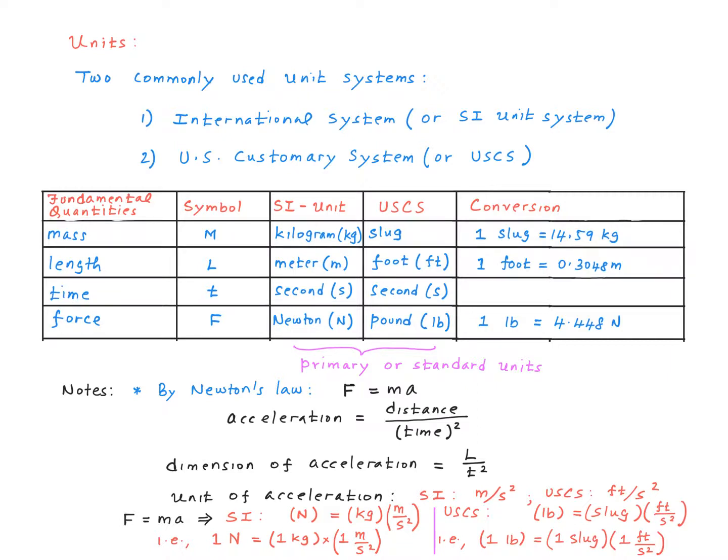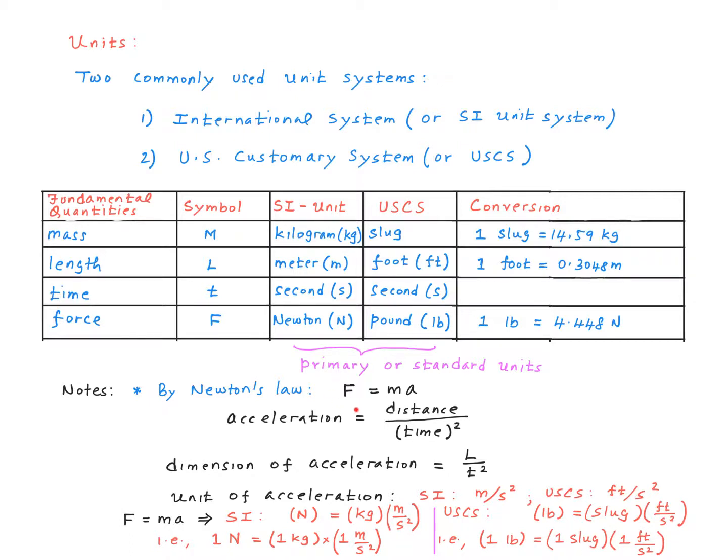Now, if we use the standard unit for each of the two dimensions in this expression, in SI unit, the unit of acceleration would be meter divided by second squared, whereas in USCS system, it will be foot divided by second squared.